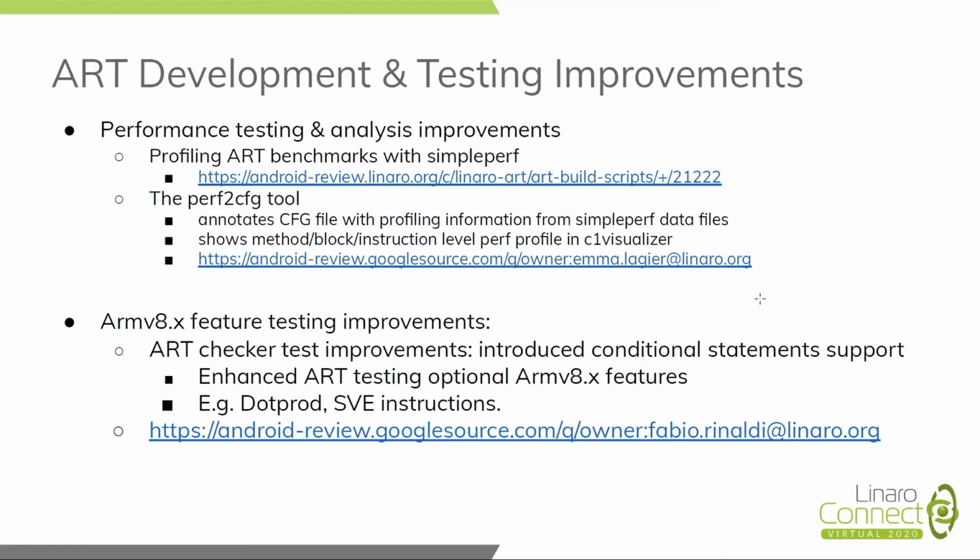So it's easy for us to test all those optional v8.x features that we introduced in the compiler, like dot product, SVE, etc. I would like to thank our engineer Fabio, who developed and upstreamed this nice feature.